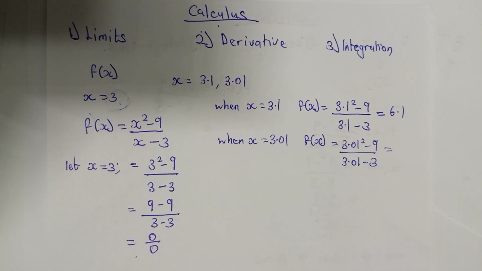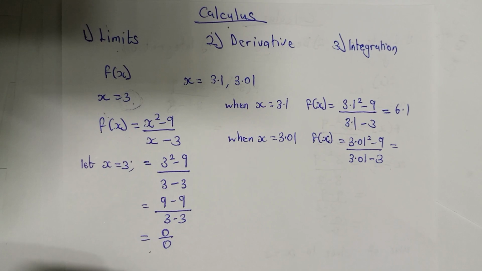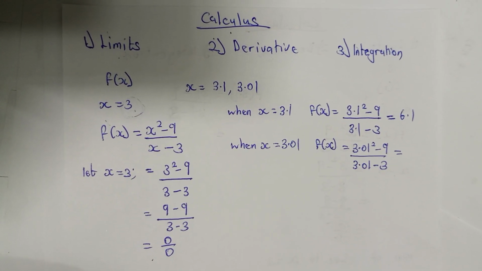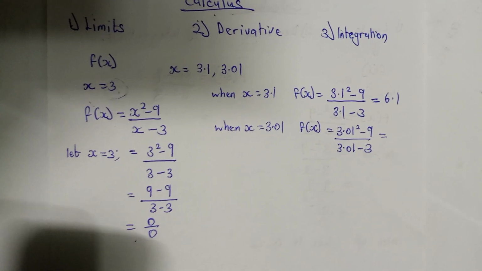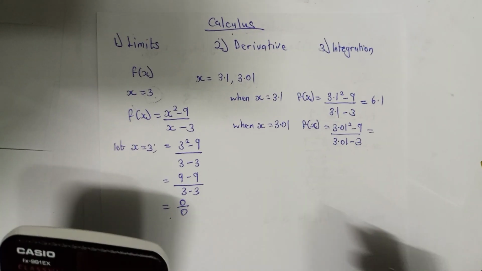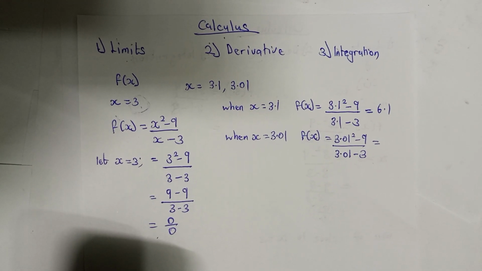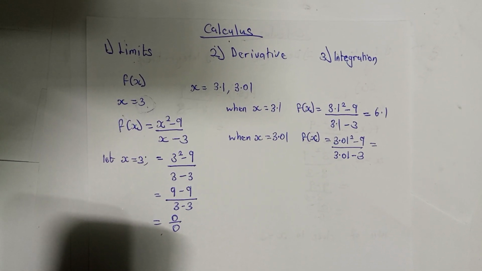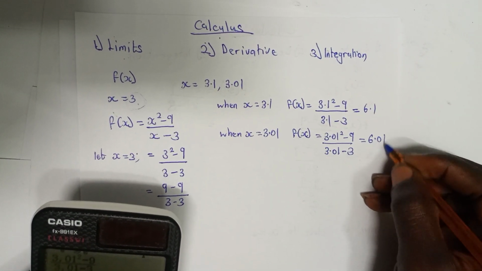So 3.01 squared minus 9 divided by 3.01 minus 3, we are going to get 6.01.